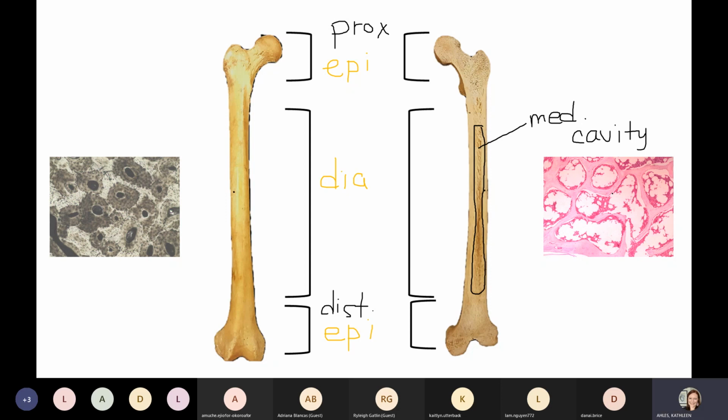We also have to label on our picture of the inside where we find the different kinds of bone tissue. So I included for you on the slide here a picture of those two types of bone tissue. When I'm looking at the type of bone tissue that's over here on the left, here's my compact bone, right? This is my compact bone.